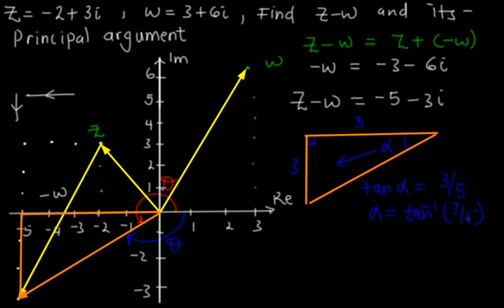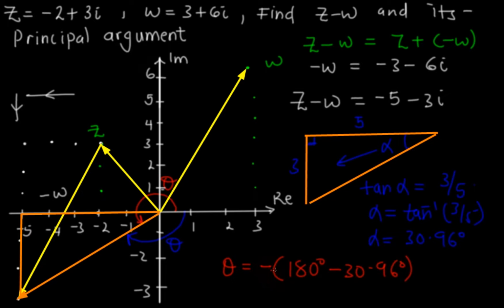Let's get our calculator and obtain the value of alpha. So alpha is equal to 30.96. But now also remember that this alpha is not our principal argument. Alpha just enables us to obtain our principal argument. So we are going to say theta is equal to negative 180 degrees minus 30.96 degrees.